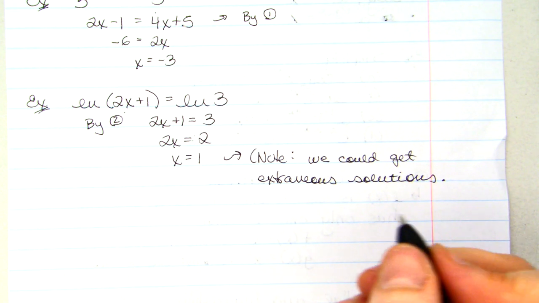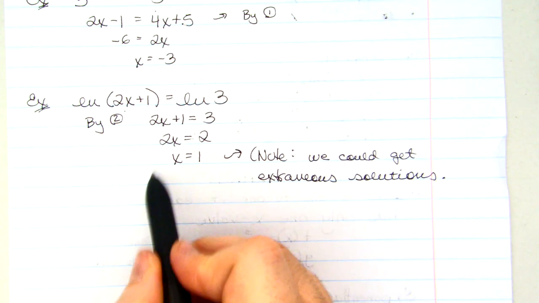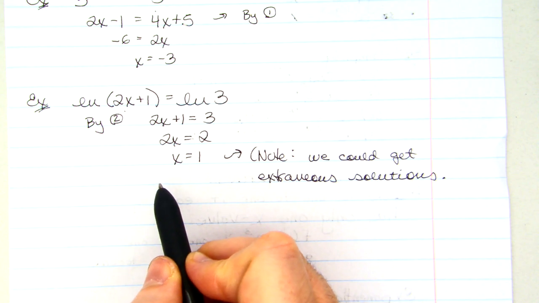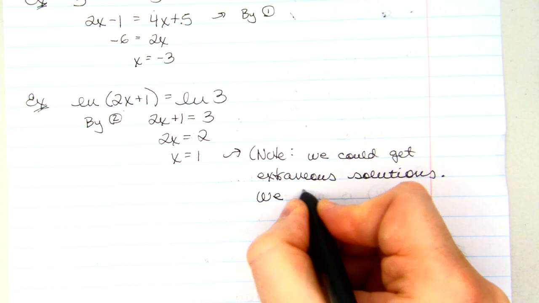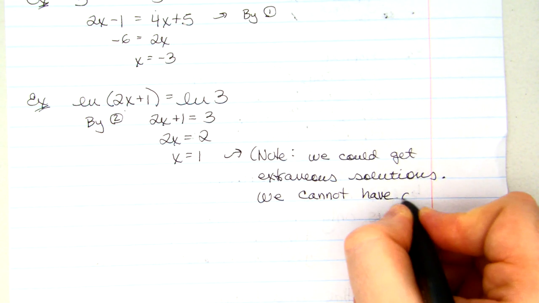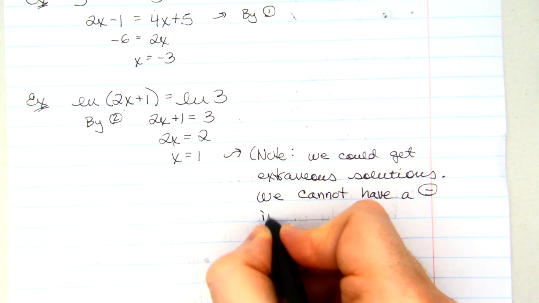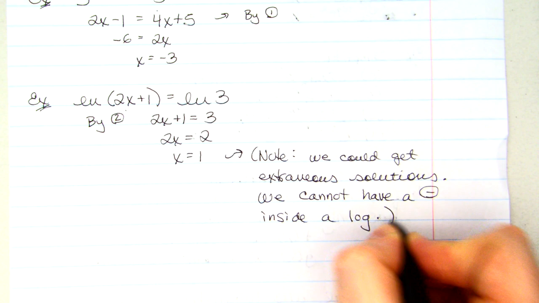My check for an equation with logs in it is I just have to make sure that whatever number I get wouldn't give me a negative number inside a logarithm. So why don't we just say we cannot have a negative inside a log.